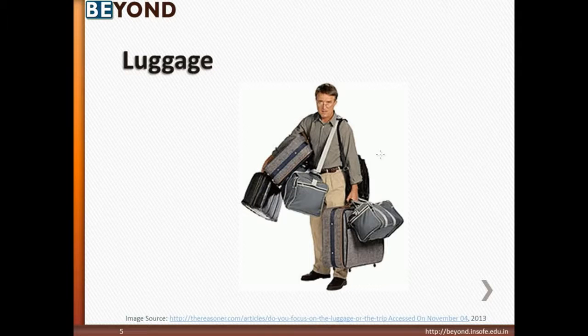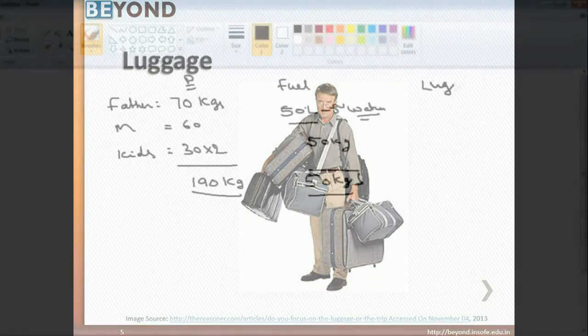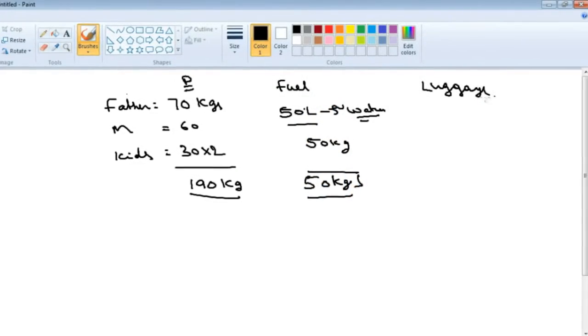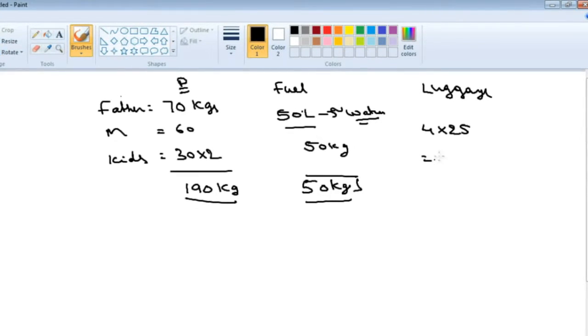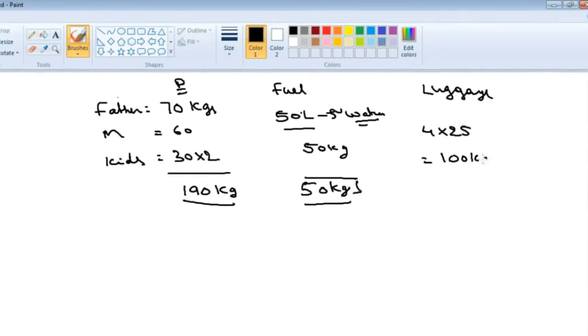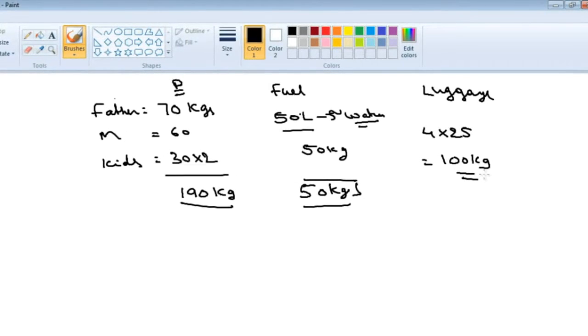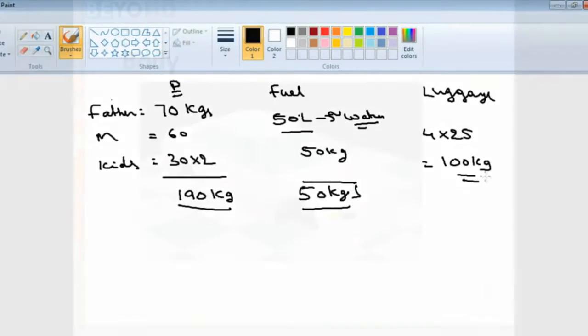As the family has 4 members, whether they're kids or adults, with lots of stuff to pack, each member must be carrying around 25, so 100 kgs of luggage. Good. So the easier parts are taken care of.